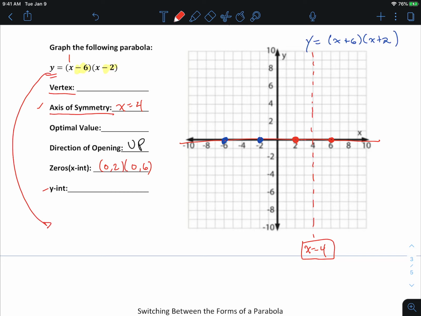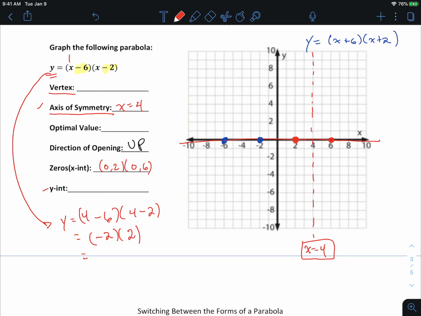So let's do that. y equals 4 minus 6, 4 minus 2. So if we carry all that down, it would be -2 times 2, which would be -4.